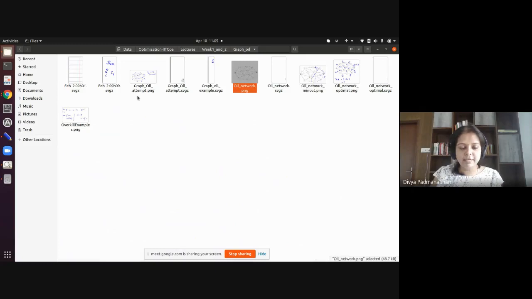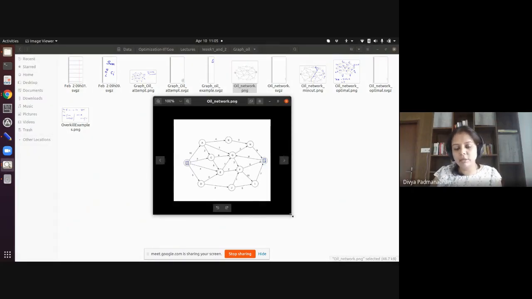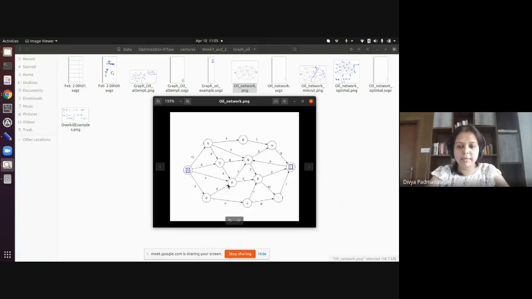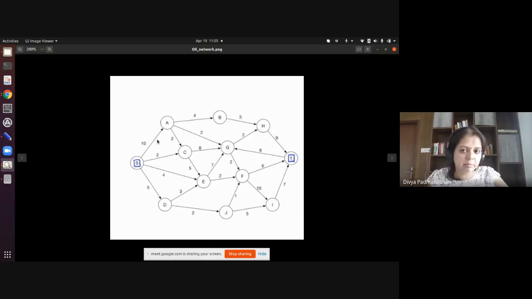So there was this oil network, and the idea was to send some flow from S to T. There were some capacity constraints, and you wanted to ensure that at every node there was conservation. If you send some quantity into this node A, exactly the same quantity goes out of this node.